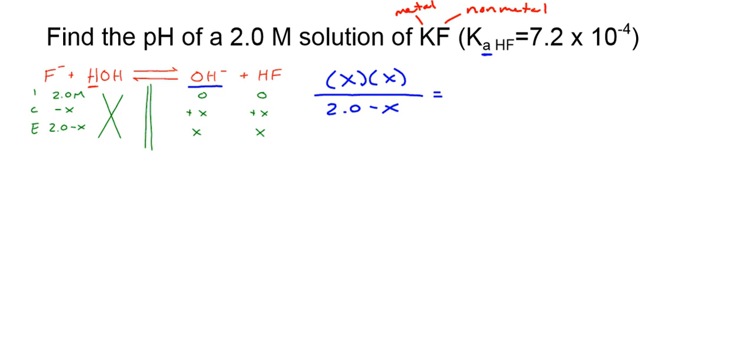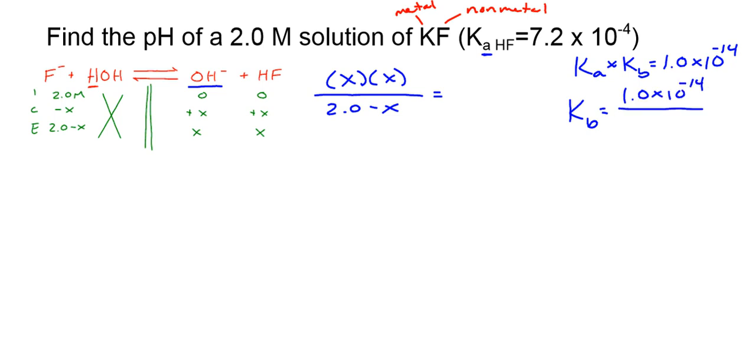So we have to remember something: that Ka times Kb equals 1.0 times 10 to the negative 14th at standard conditions. So I need to solve for Kb. So my Kb will equal my constant for water over my Ka.